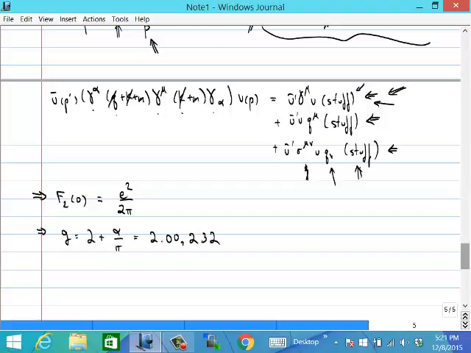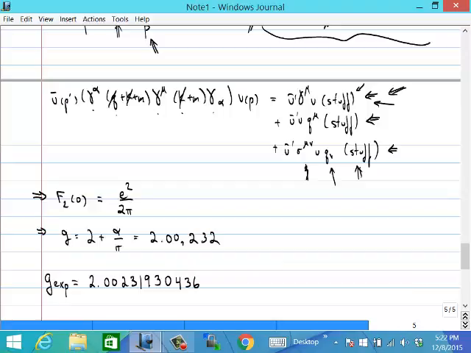Just for fun, it turns out that the magnetic moment of the electron is perhaps the most accurately measured physical constant in nature.